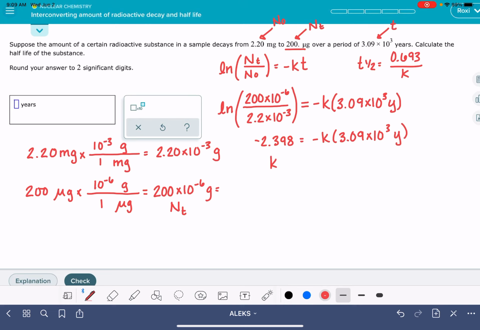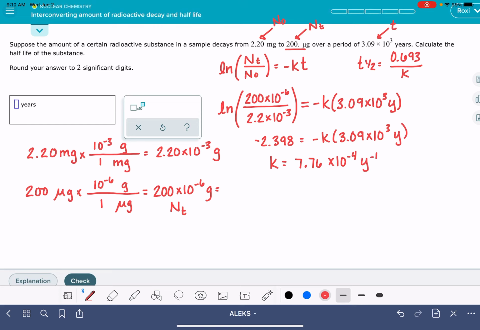And now we can solve for the rate constant k. Our rate constant is 7.76 times 10 to the negative 4, and its unit is inverse years.